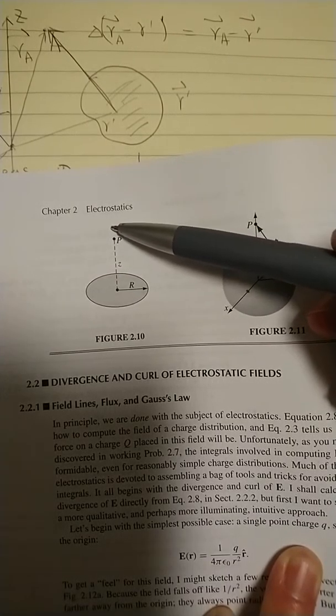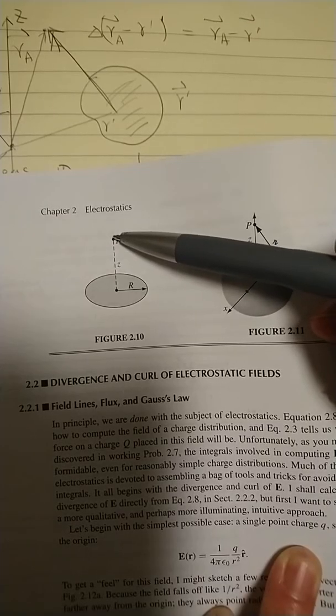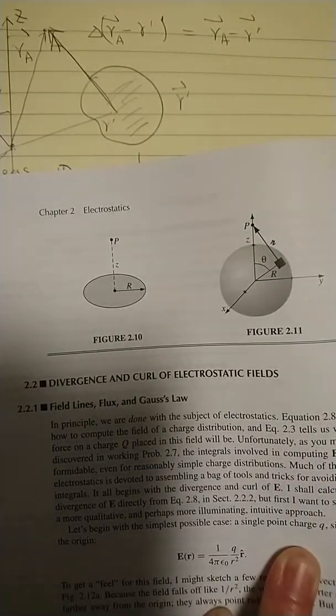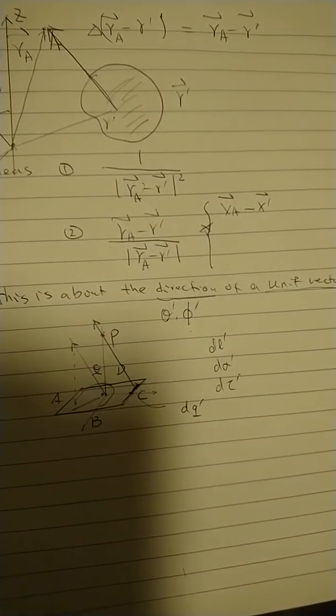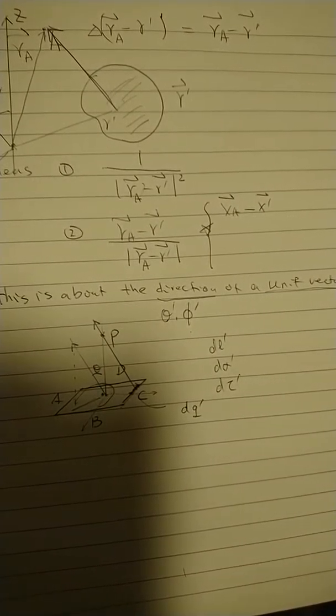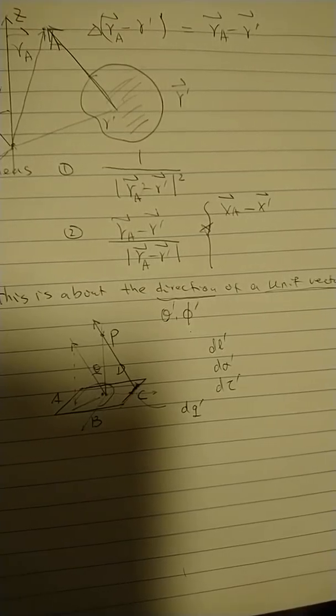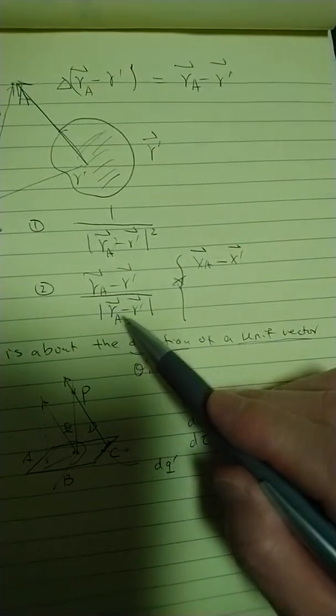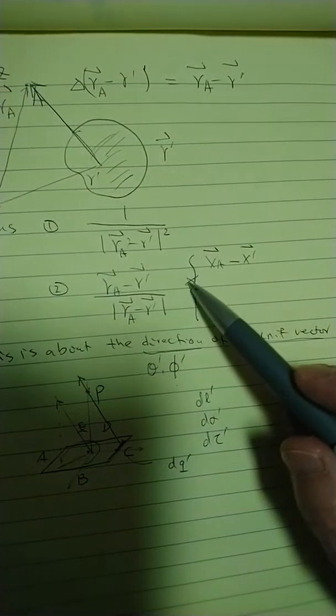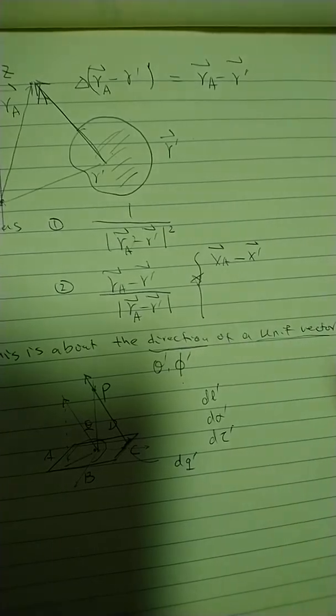Again, this angle with respect to this line is your theta. Projection onto the xy plane is your phi prime. So this is to show you how we choose these angles. In the next video, I'm going to show you how we deal with this part here. Okay, and so there are some differences.